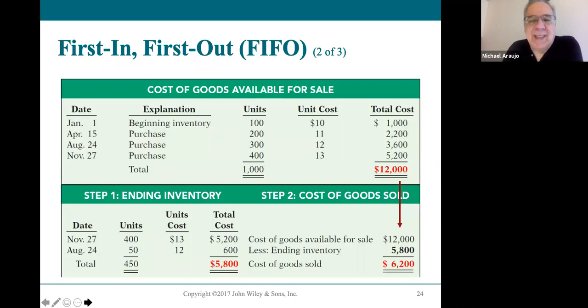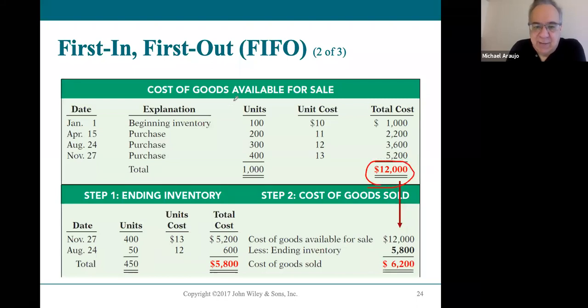Of course, like anything in math, there's a few ways in which you can figure this out. Your book looks at it from a periodic perspective. You take the total amount of inventory that you have, the total amount of goods available for sale, which, as you know, is 1,000 units, and you spent $12,000 for all those units. The first thing they do is subtract out ending inventory.